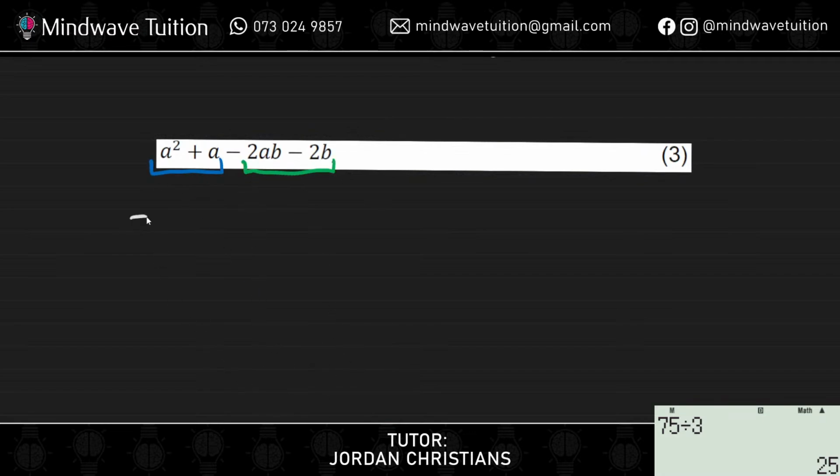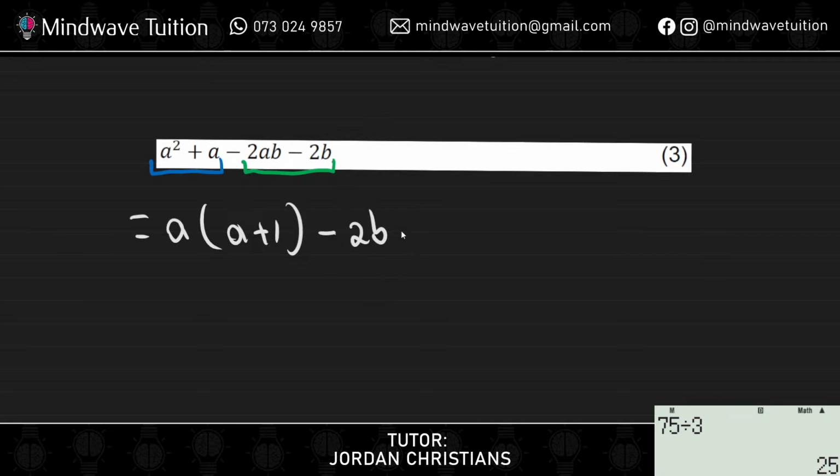So again, this is more factorization by grouping. So we can take out a as the common factor, and this leaves us with a plus 1. And for the second one, we can take out a b, and we can take out 2, and specifically we can take out 2b. So let's take out minus 2b. Again, if you take out positive 2b, it's not wrong, but you just need to make sure that you go on to fully factorize it by doing a sign swap.